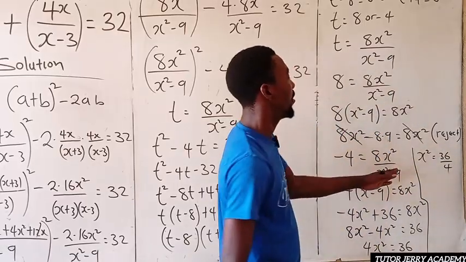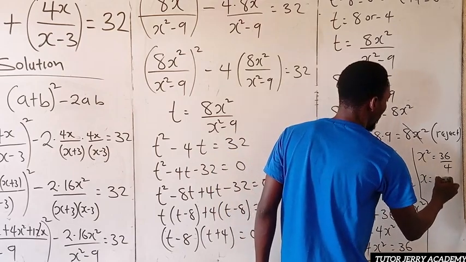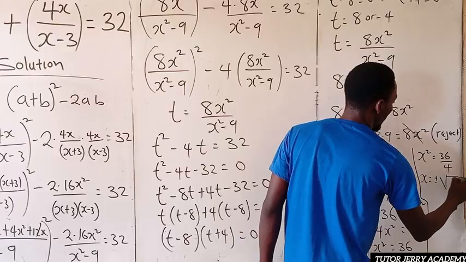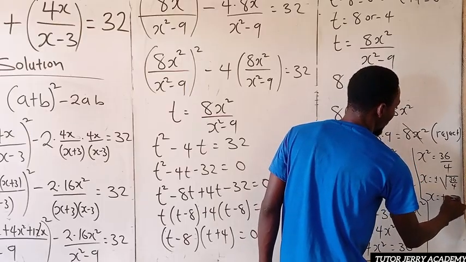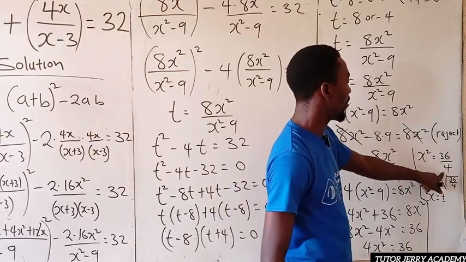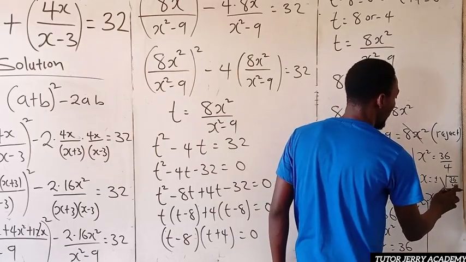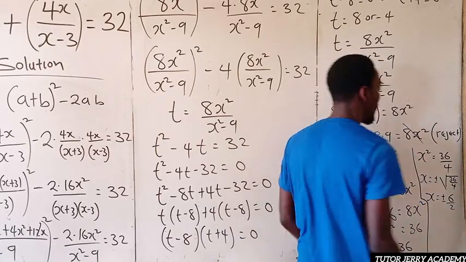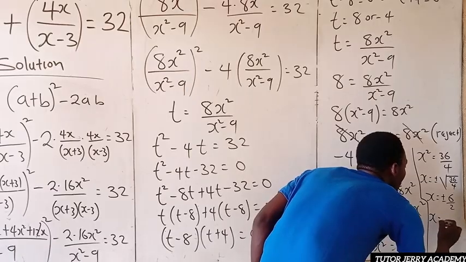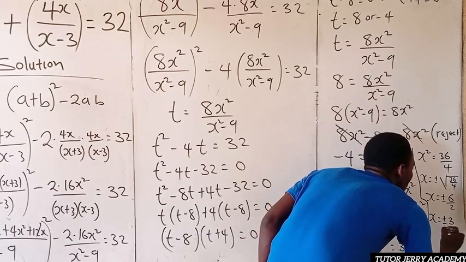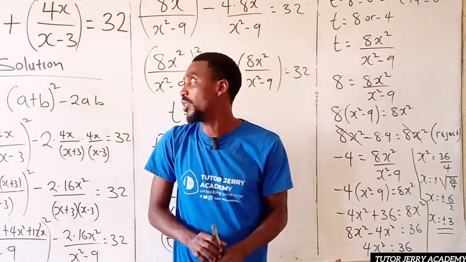Now I can take the square root of both sides, so s will be equal to plus or minus the square root of 36 over 4. The square root of 36 is 6 and the square root of 4 is 2, so 6 over 2 is 3. So the value of s is plus or minus 3. This is the value of s for this equation.